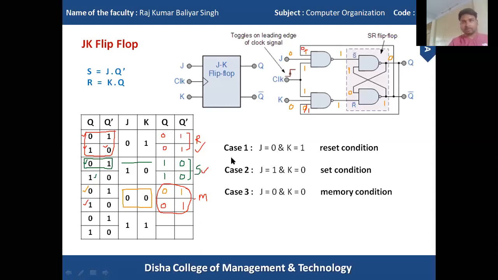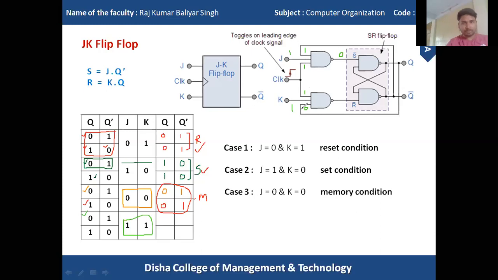Then next, when we supply j equals k equals 1, what will happen? Let's see. When j equals k equals 1, again we can have two different values of q and q naught. Say j equals 1 and k equals 1. For the first case, say we take q equals 0, so I write here 0, and the q naught value is 1. The clock is high for both cases. This 1 1 1, this NAND gate will produce 0.